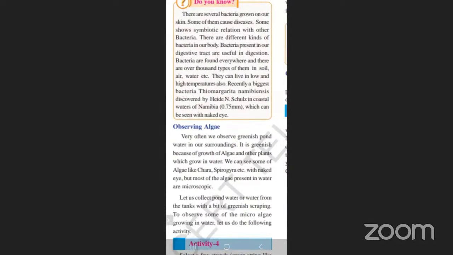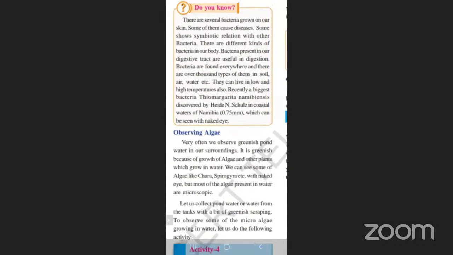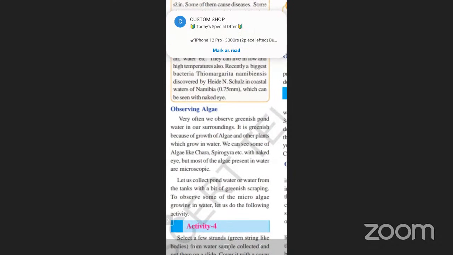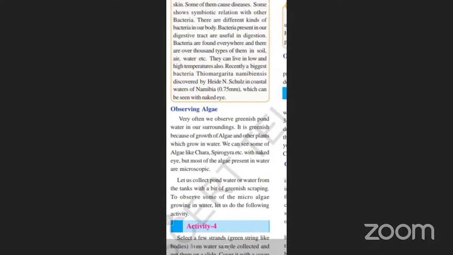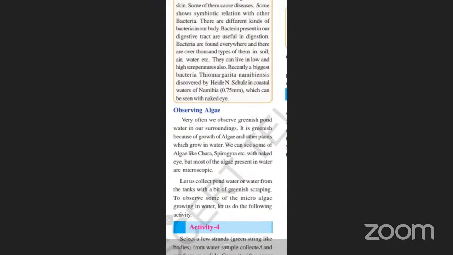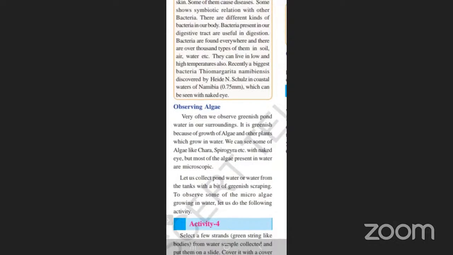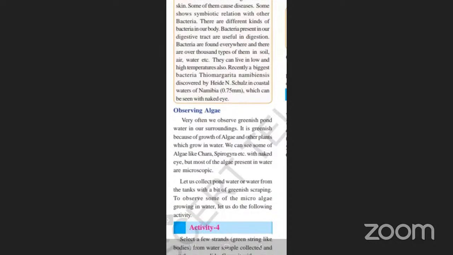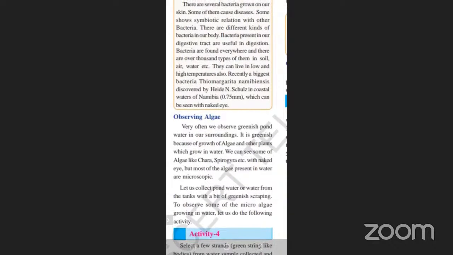What about that biggest bacteria, Thiomargarita namibiensis? It is 0.75 mm, children, which can be seen with the naked eye. Actually, bacteria means a microscopic particle, right? We cannot see with our naked eye; we can see under a microscope.